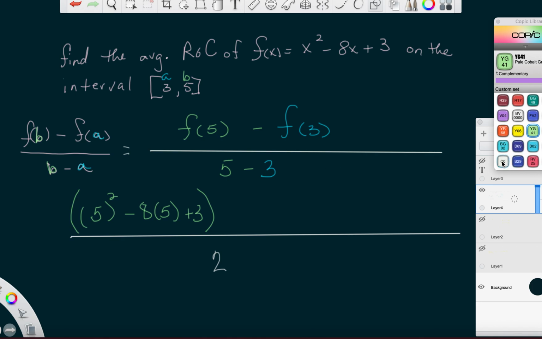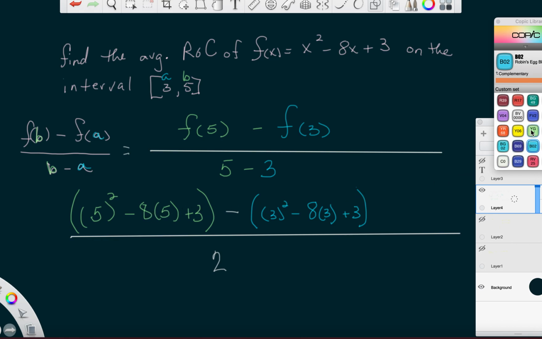Then we're going to subtract from that f of 3. So I'm going to write that one out. And that is, big parentheses, 3 squared minus 8 times 3 plus 3. Sorry about too many 3's. And then big parentheses.